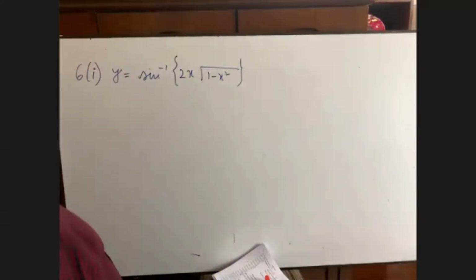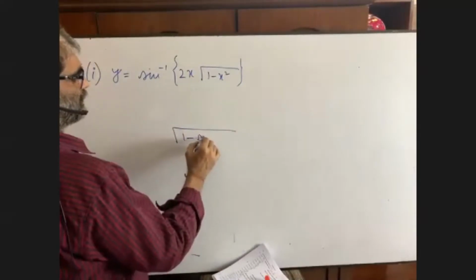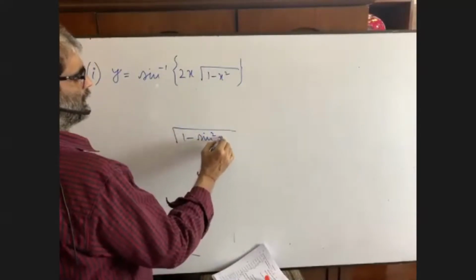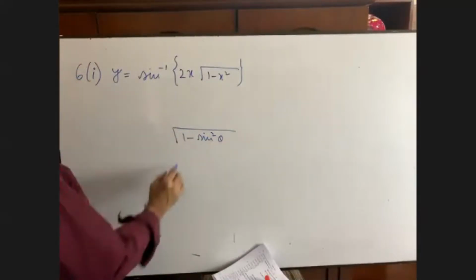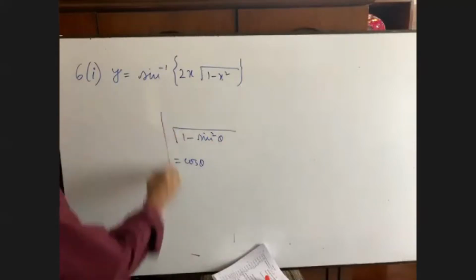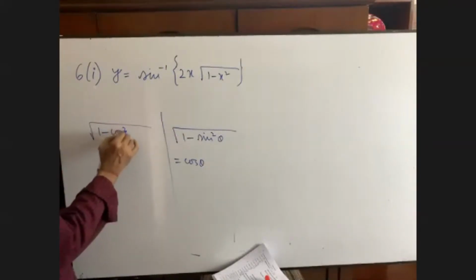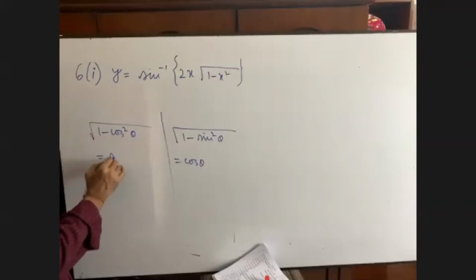Here you see, suppose if it is root over 1 minus sine square theta, then we can easily get cos theta. Or if we have this type, 1 minus cos square theta, then we can easily get sine theta.